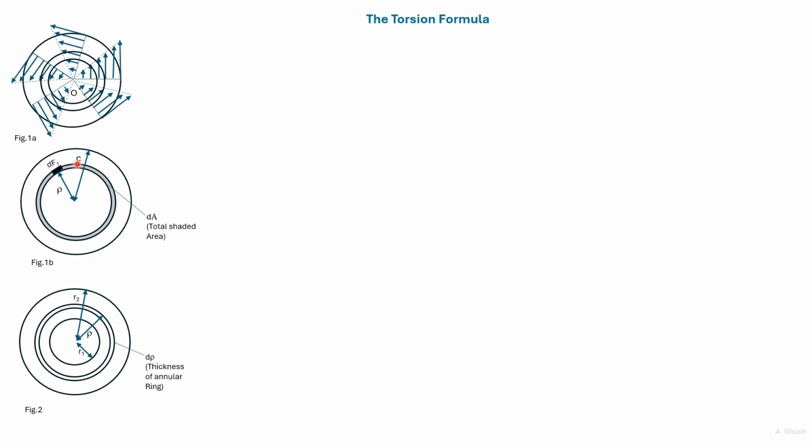Let us consider a small arc of this annular ring. Then the force acting is denoted as dF1, and the moment would be dF1 into rho about the center. We can consider another small portion of the arc. The force acting would be dF2, and then the moment would be dF2 into rho.